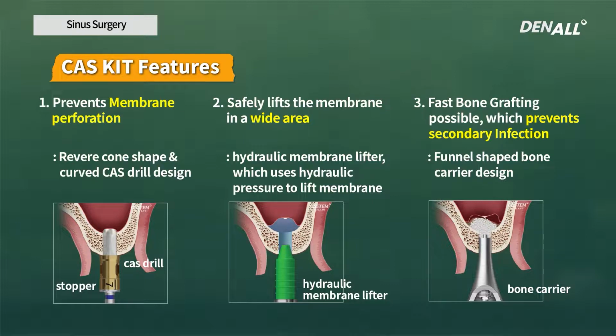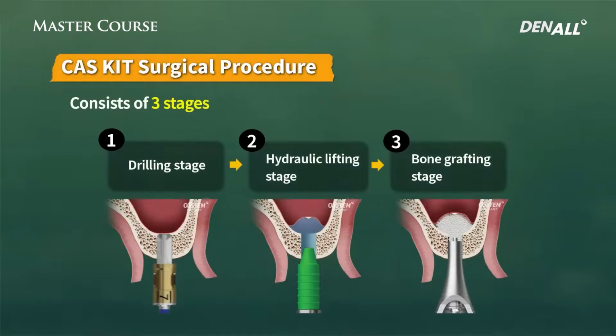Without secondary infection, quickly using the bone carrier, which is shaped like a funnel, you can do bone graft easily. The CAS kit consists of 3 stages: drilling, hydraulic lift, bone graft, and then implant is placed.